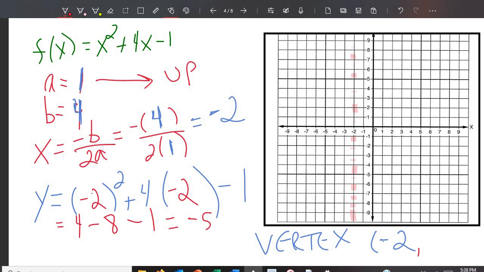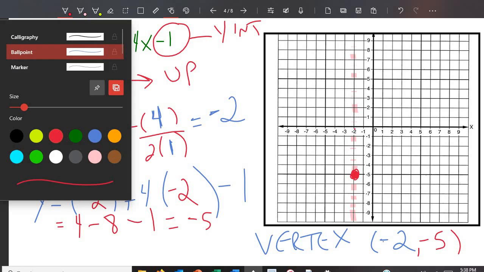That means the y coordinate is negative 5. We're going to plot this point where x is negative 2 and y is negative 5, and it's going to be right here. Now, also remember I said earlier that this number represents the y-intercept. I'm also going to plot that point.